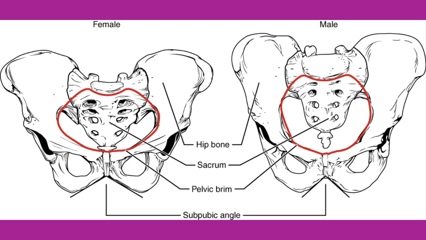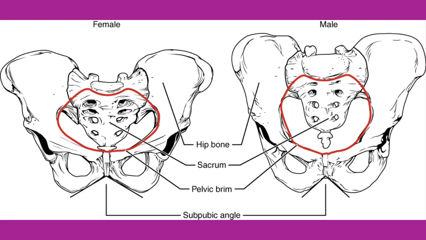Because the female pelvis is adapted for childbirth, it is wider than the male pelvis, as evidenced by the distance between the anterior superior iliac spines. The ischial tuberosities of females are also farther apart, which increases the size of the pelvic outlet. Because of this increased pelvic width, the subpubic angle is larger in females than in males.